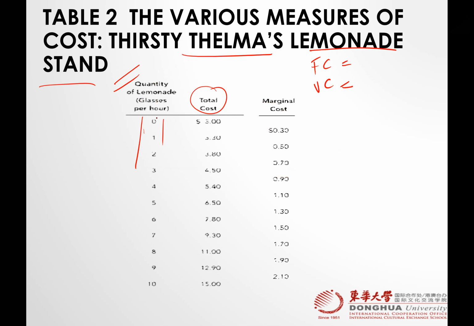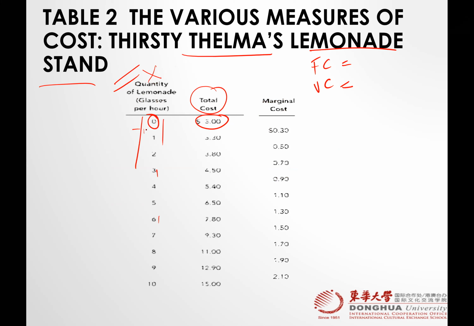Because when the quantity is 0, we still have the cost. It means that must be the case of fixed cost, because the definition of fixed cost is that whatever is the production, we don't concern about the production, cost is the same. So whether you produce 0, whether you produce 3, whether you produce 6, cost remains the same.